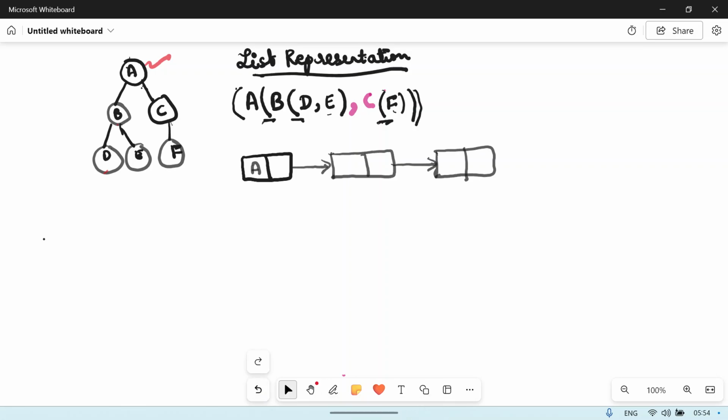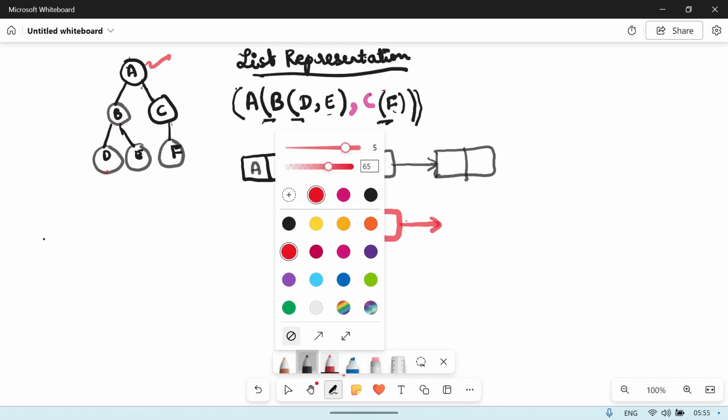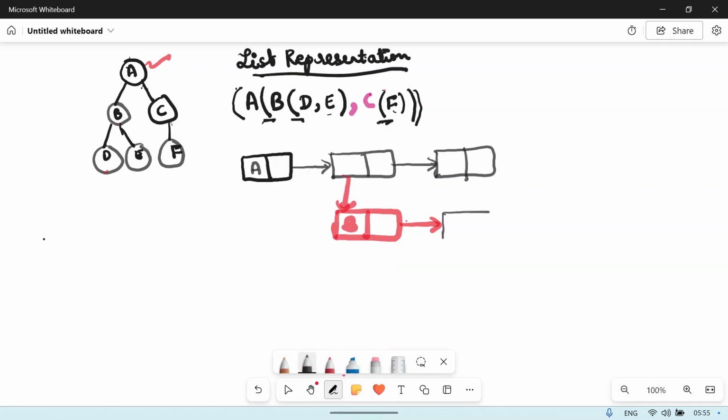What I will do instead is I will bring a line here and I will write B over here. B. And then I will try to find the child nodes of B. How many child nodes are there for B? 2, right? So I will write 2.